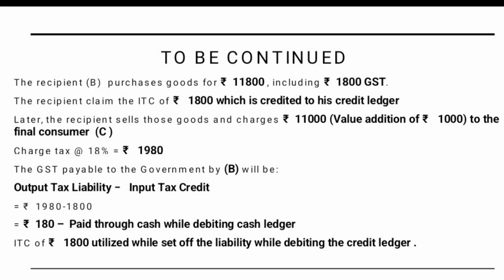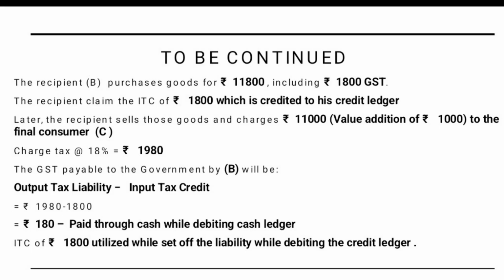He charges the tax at the rate of 18%, which means 1980. What he collected from the consumer is his output tax liability, and he has to discharge it.